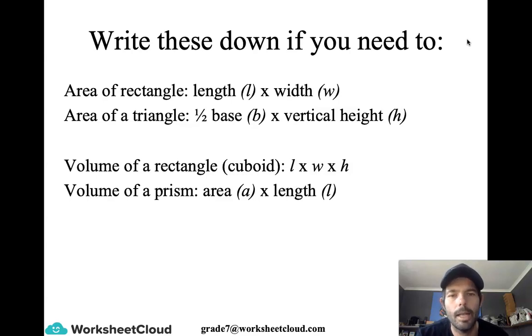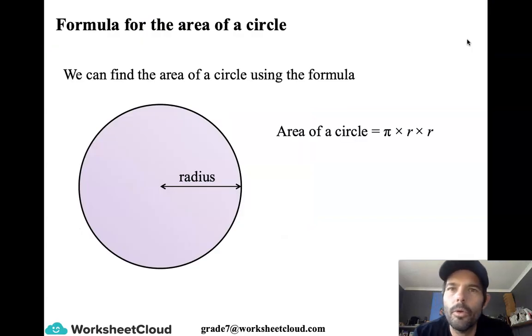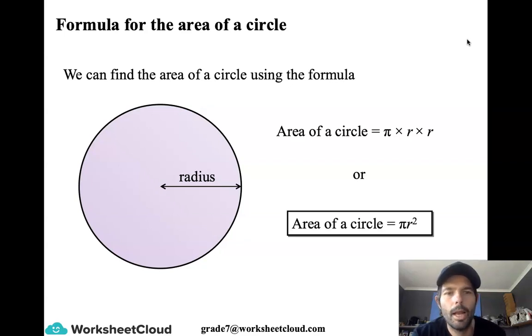multiplied by its length. Okay, so how would I calculate the volume of the cylinder? So we've already worked through the formula for the area of a circle, and we know that the formula for the area of a circle is pi times radius squared. And to work that out, it's going to look like that.